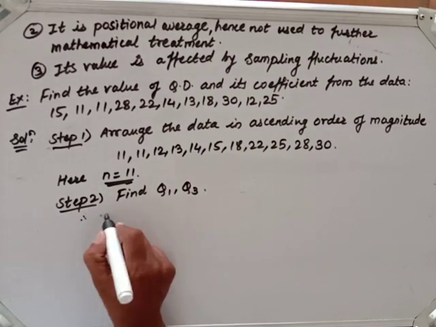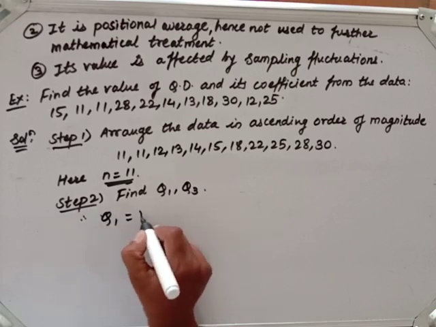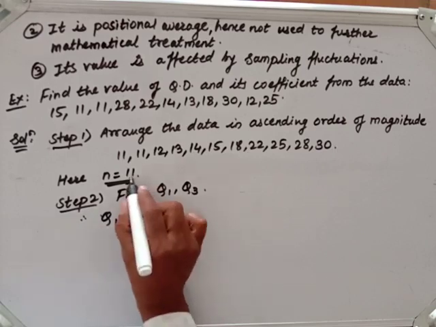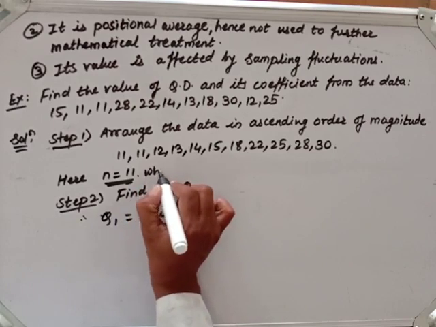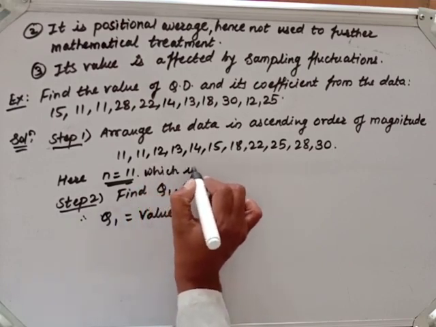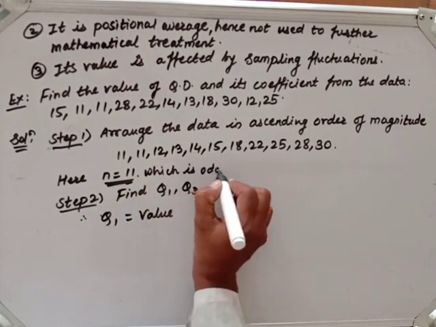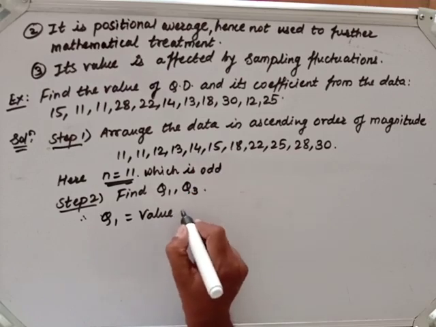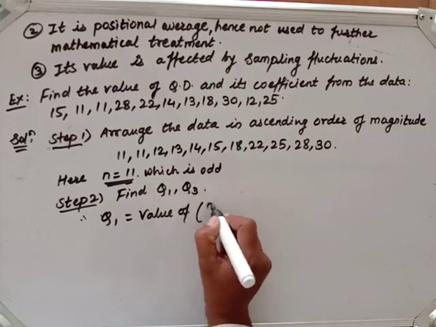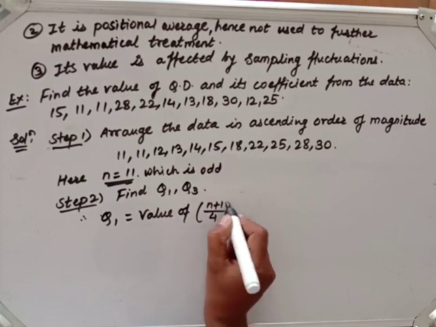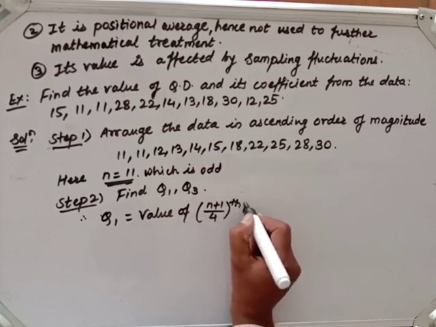Now what is Q1? As n is odd, Q1 is the value of the (n plus 1) by 4th item.